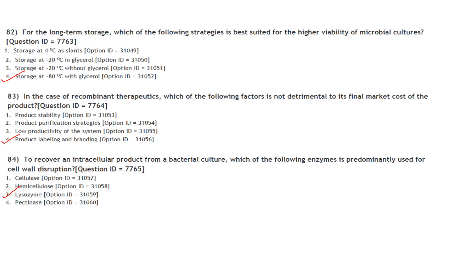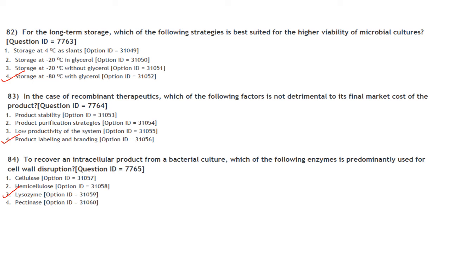For long-term storage, which of the following strategies is best suited for the higher viability of microbial cultures? So they are stored at minus 80 degrees Celsius. That is for long-term storage. Then, in the case of recombinant therapeutics, which of the following factors is not detrimental to the final market cost of the product?